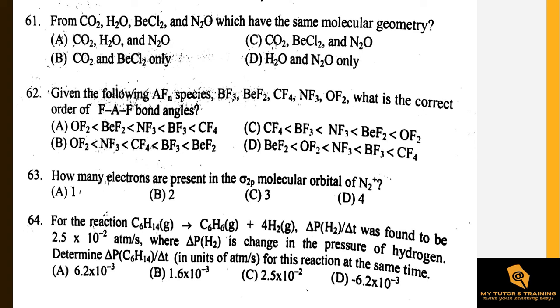Question number 61: it is carbon dioxide which is linear, beryllium dichloride which is linear, dinitrogen monoxide, which is linear. So the correct answer for this question is C, linear, linear, and linear.